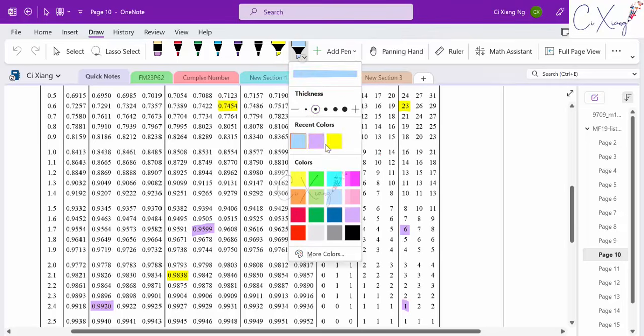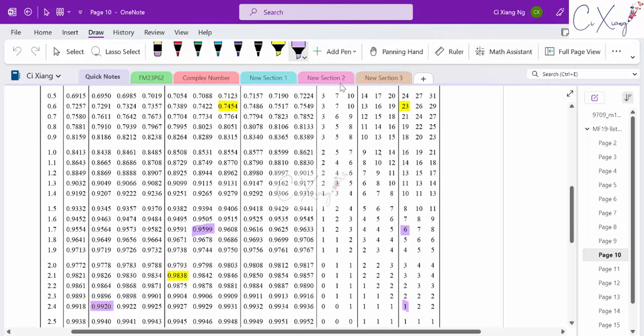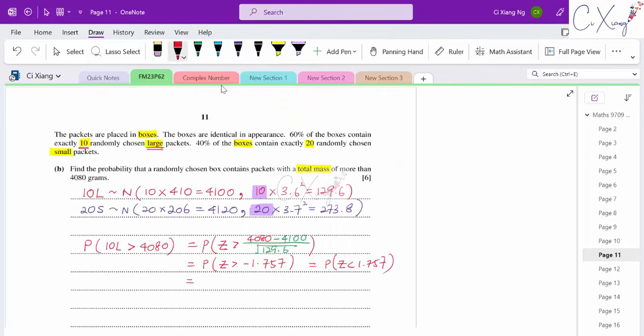Oh, I already showed it here. 1.7 is this one, 75. This is 1.75, and then 7 will be adding a 6 at the last digit. So 9599 plus 6. When we get 9599 plus 6, I will have 0.9605. This is the probability for the box with 10 large packets, which is more than 4080.